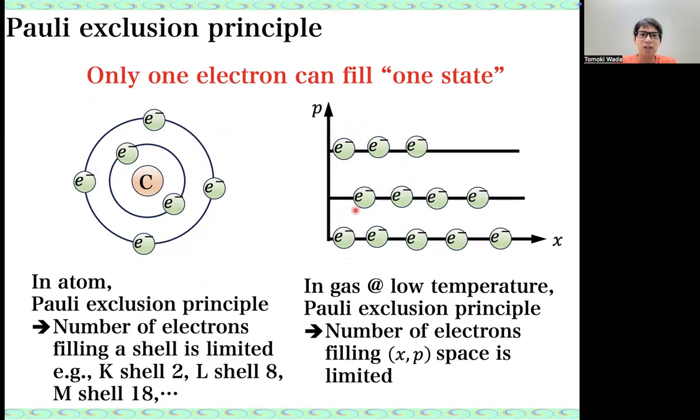Only one electron can occupy one state in this XP plane. So when you consider this position and this momentum, you cannot put 2 electrons at this position. This is the Pauli exclusion rule for electron gas.